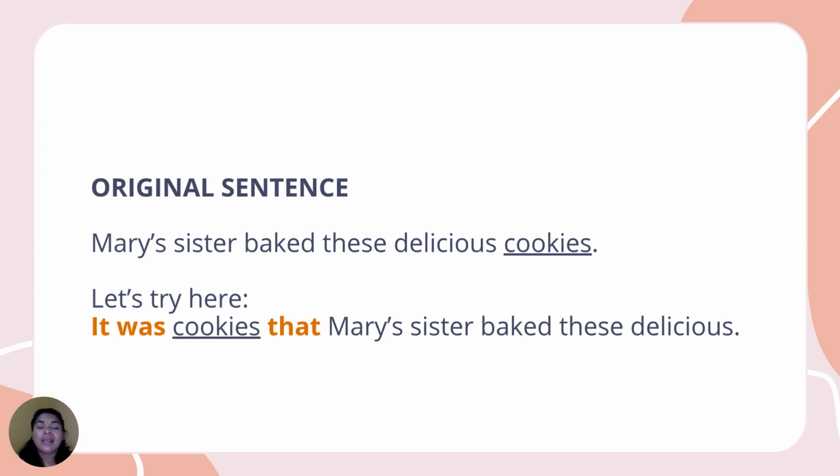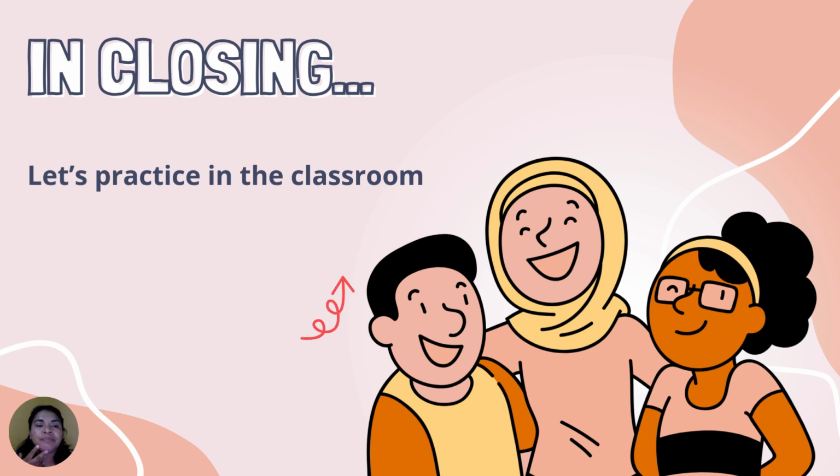You immediately realize it is not done properly, because it is not the way it should be. It was cookies is okay up to there, right? But that Mary's sister baked these delicious what? So it is ungrammatical, and we realize "cookies" is not a constituent in that sense.